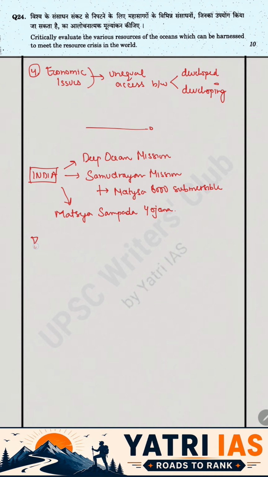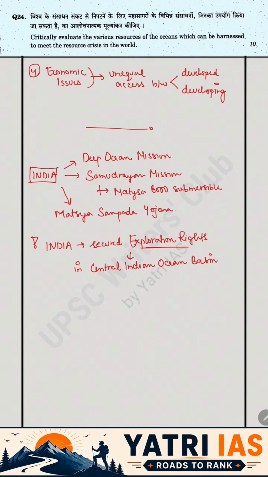And you could also mention that India secured exploration rights in the Central Indian Ocean Basin for resource extraction. And you could also mention that the UN has called the decade from 2021 to 2030 the decade of ocean. This is the Ocean Decade that we are living in.